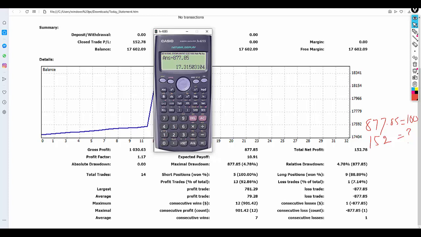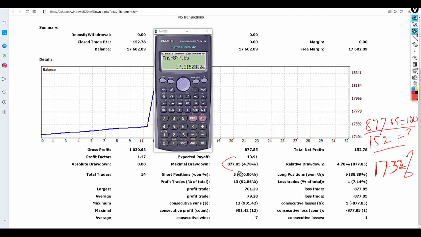That means we got how much back? We exposed $877.85. We made a profit of this, which is 17.32% return on our risk, because this is what we risk in the market.